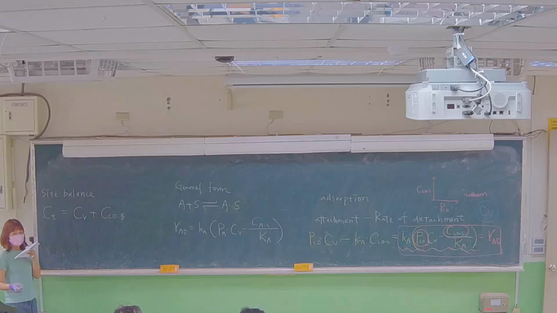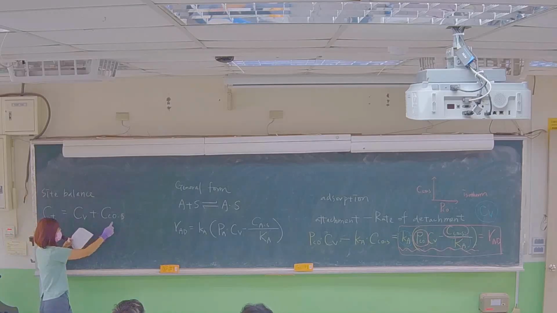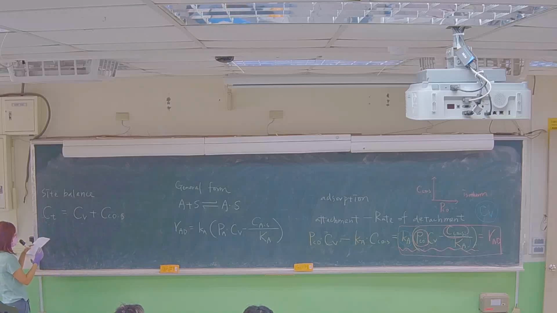We only have one species, CO, adsorbed on the active site, so vacant plus CCOS. This is the first one.